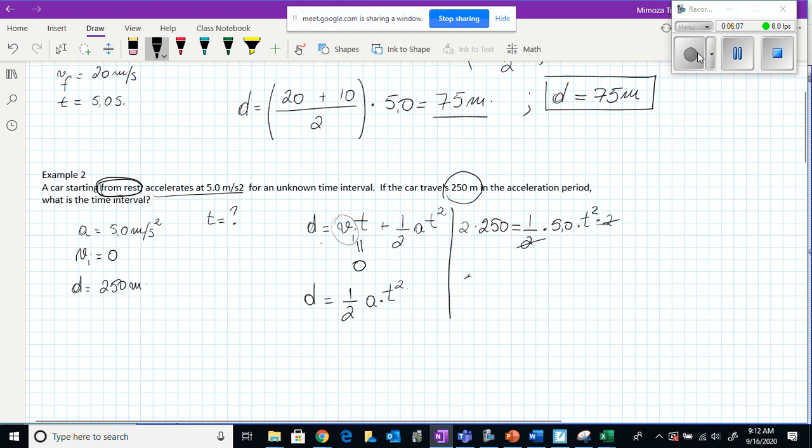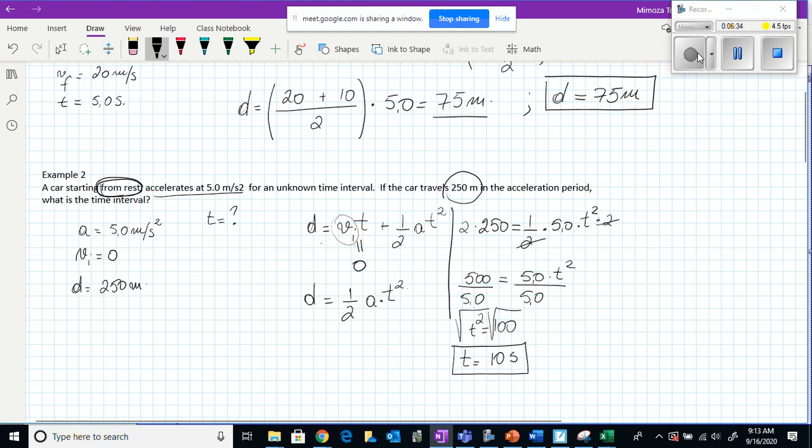And then we have 500 is equal to 5.0 times t squared. Divide both sides by 5.0, and then t squared will be equal to 100. And after you square root it, t is equal to 10 seconds.